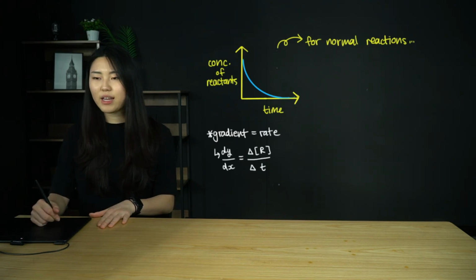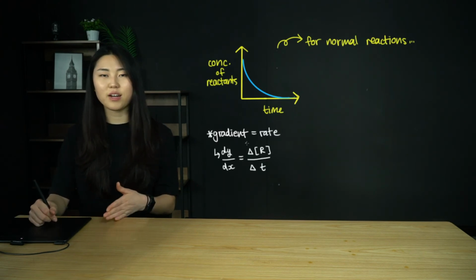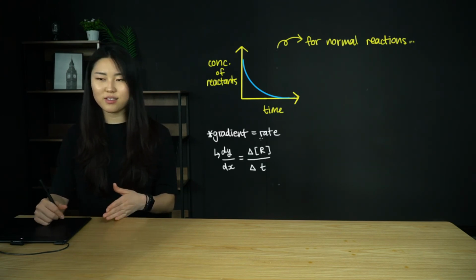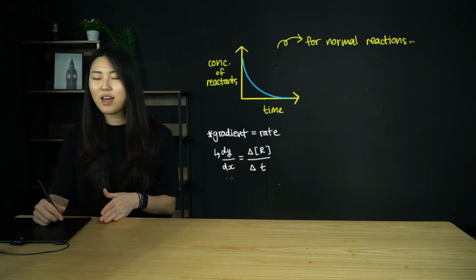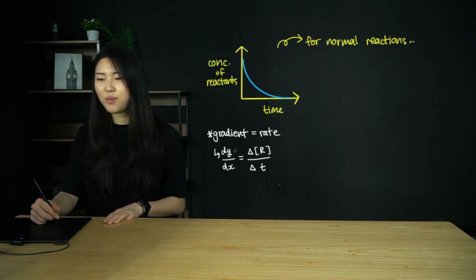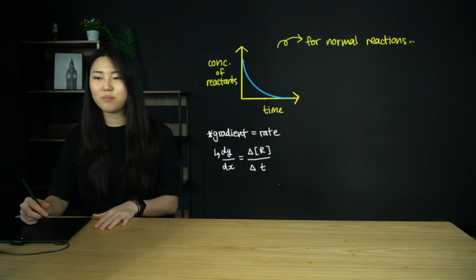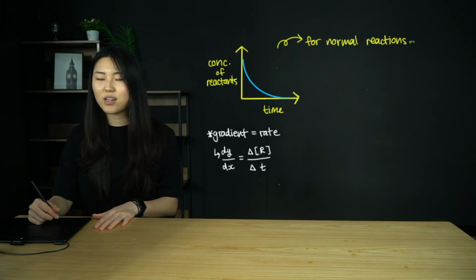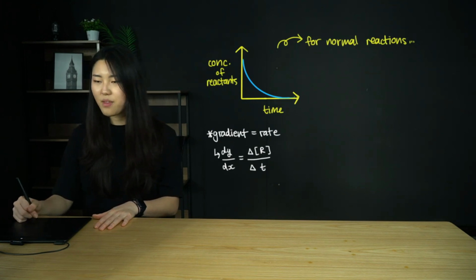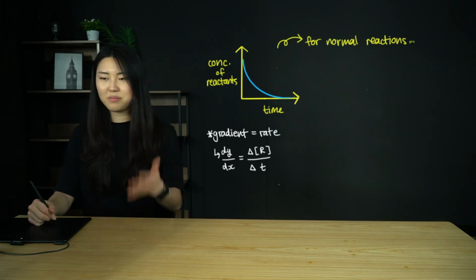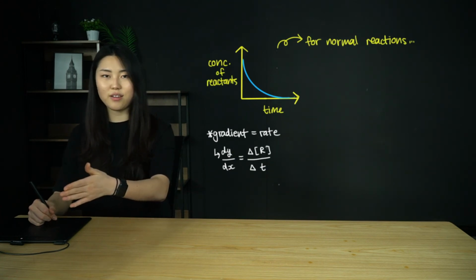The gradient is going to be the rate of reaction, right? Because gradient is just dy by dx, and that is basically the change in the concentration of reactants over time. The square bracket is concentration, by the way, and t is our time. So that is rate. That's the definition of rate, right?